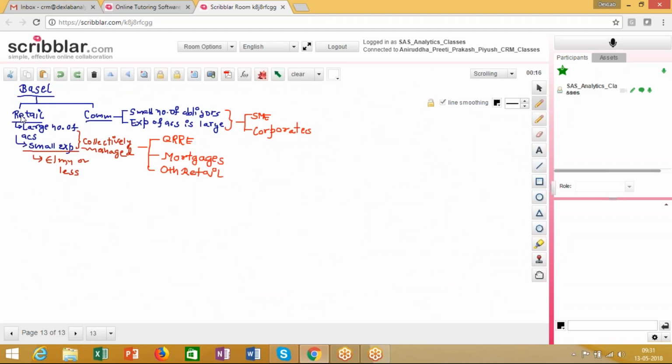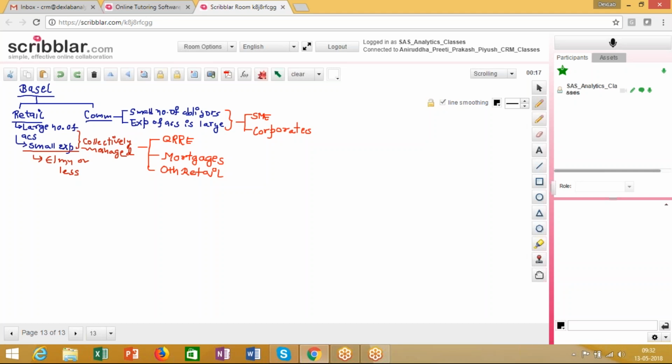That is the part with which we closed our discussion in the last class. Basel classifies the banking portfolios into two broad groups: the retail group and the commercial group. The retail portfolio is a portfolio where you have a large number of accounts with extremely small exposures, and these accounts are collectively managed.